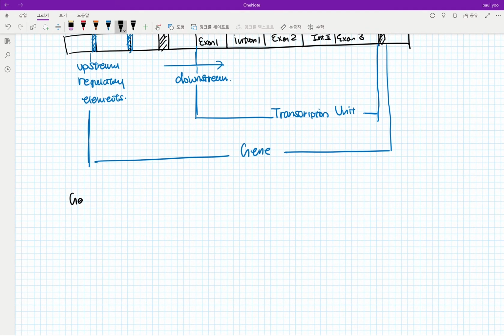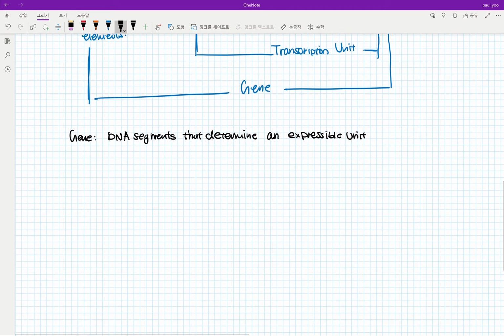So gene is a DNA segment that determines an expressible unit, which results in the formation of a specific functional gene product.